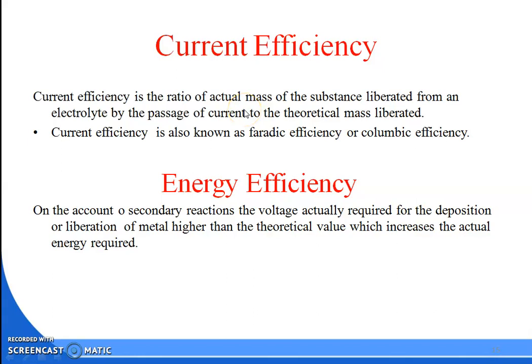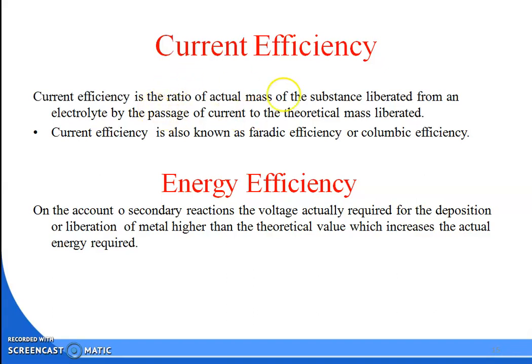Then it comes current efficiency and energy efficiency. In current efficiency, what it says, the current efficiency is the ratio of actual mass of the substance liberated from an electrolyte by the passage of current to the theoretical mass liberated.